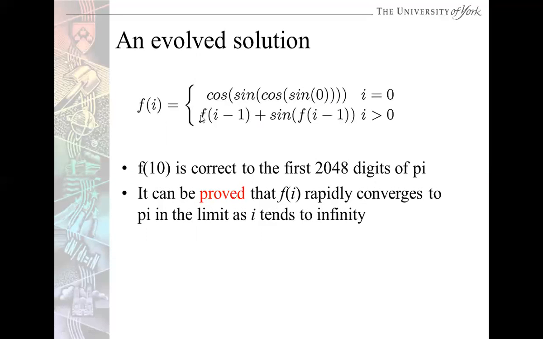Then after that, it uses this recurrence relation, and actually this expression can compute 2048 digits of pi after 10 iterations. So it's an extremely rapid approximation of pi. And in fact, in that same GPEM paper, I proved that this actually is the general solution. This converges to pi as I tends to infinity.